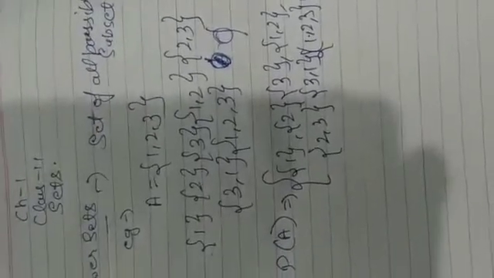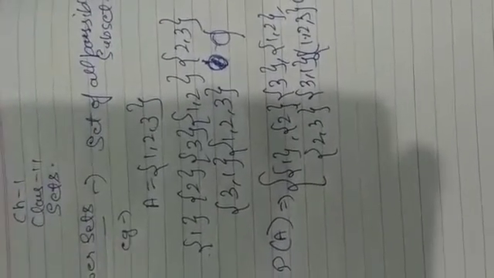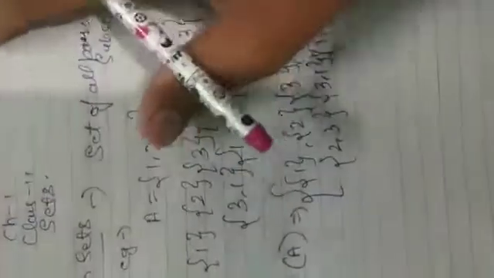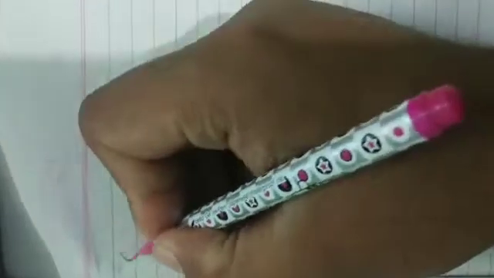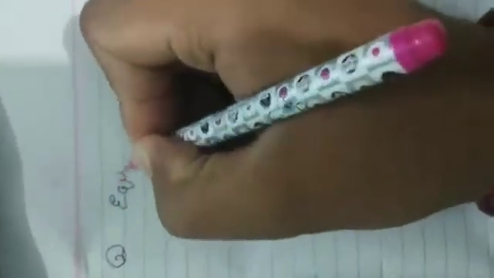When we have to calculate a power set, first we will make the subsets of the particular set given in the question. Then we put all the subsets in one set and define it as the power set.